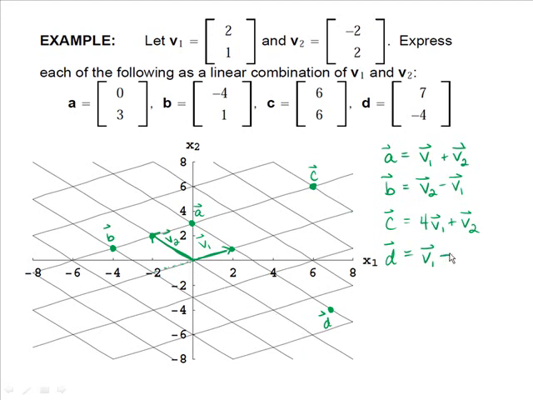So we're going to subtract 2 and a half, or 2.5 times v2. And we can check that as well. If I have v1, which is 2, 1, and then I have negative 2.5 times v2, so I'll get 5 and negative 5. So what I have is 2 plus 5, which is 7, and 1 minus 5, which is negative 4. So that's my linear combination for D.